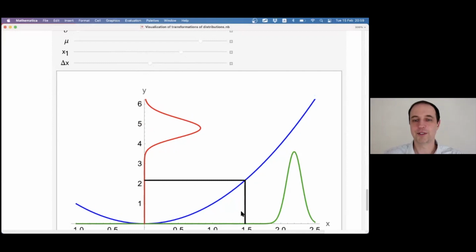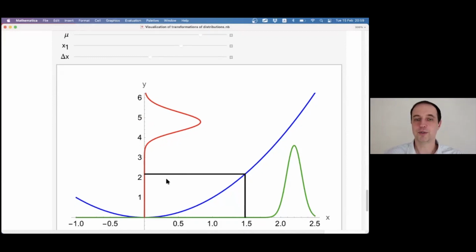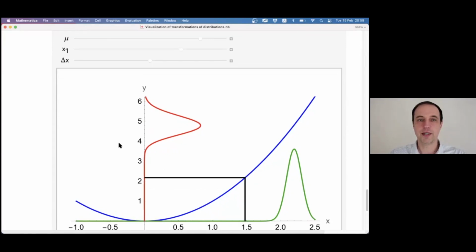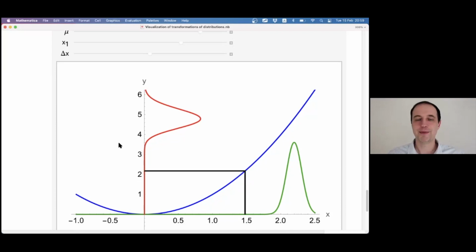So for a particular value of x, you can look up the corresponding value of y. And if you want to make a calculation of this new PDF, we need to take into account the fact that maybe a relatively short interval of x can translate into a relatively long interval of y, or maybe a long interval of x translates to a short interval of y, depending on where you are. So you see it kind of here.